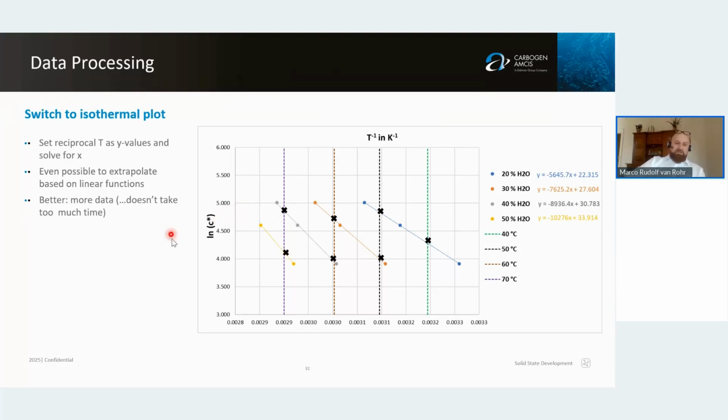So it's an ln here, I know, but we can just turn it into a concentration quite easy. I have some text here for the slides, which will be shared afterwards if someone wants to read again. It's possible to extrapolate, and I will do it in this example, but it's better to have more data for sure. But this example was quite quick and dirty, and it did the job.